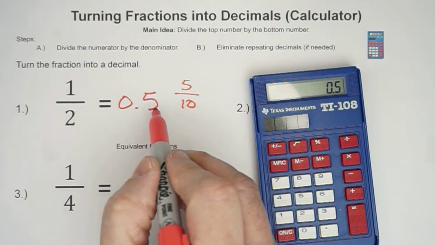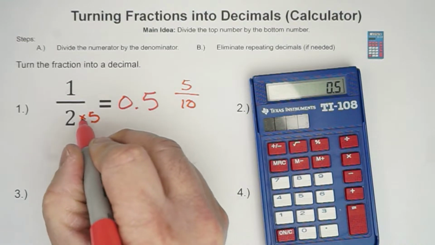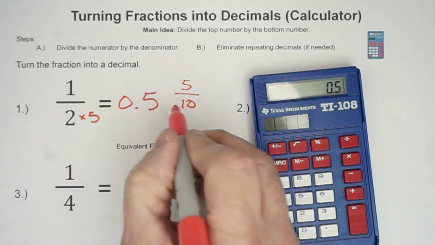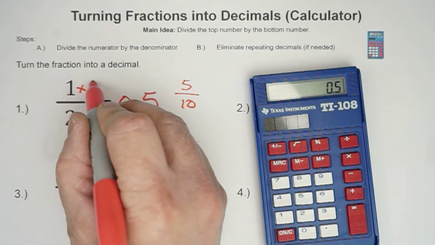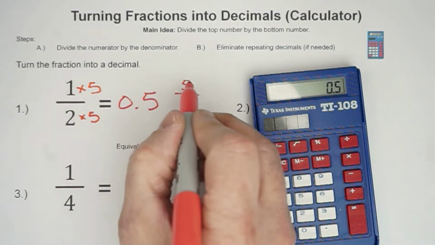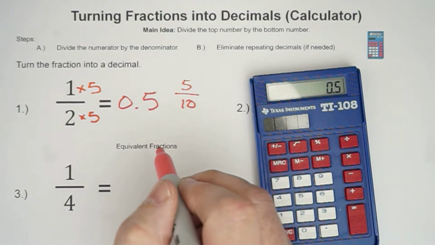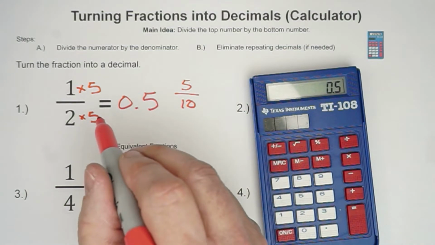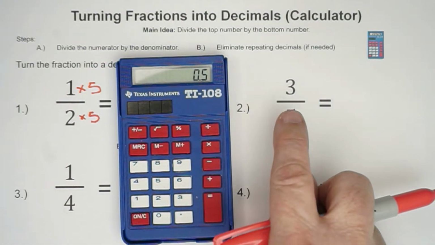Remember, that's another lesson, but we would just multiply 2 times 5 to get our 10, and then whatever we do on the bottom, we do on top. So 1 times 5 is 5. Just keep in mind that sometimes it's an equivalent fraction and the numbers will look different, but the value will be equivalent.